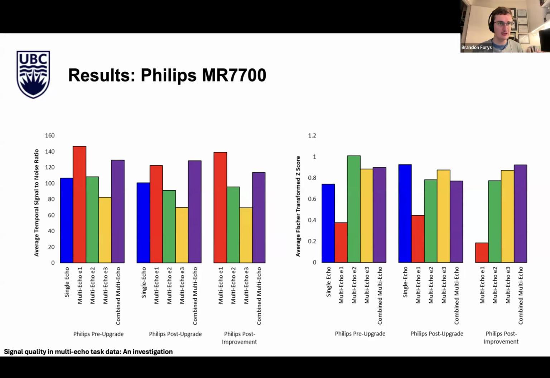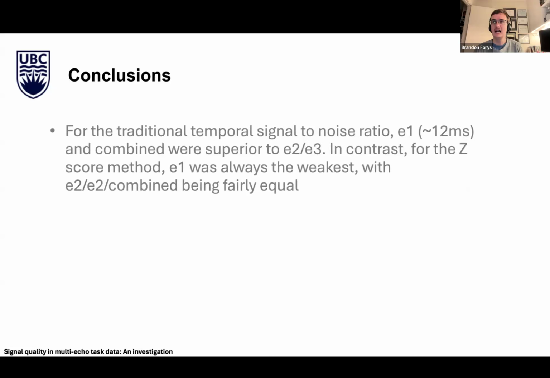It might give us better signal to noise ratio, but it's not always going to give us better recovery on task-based parameters, or better recovery of networks of activation that we expect to see in tasks. That's just a summary of what we see there, with E1 always being the weakest, E2 and the second echo combined being fairly equal, and the third echo usually being a bit higher as well.